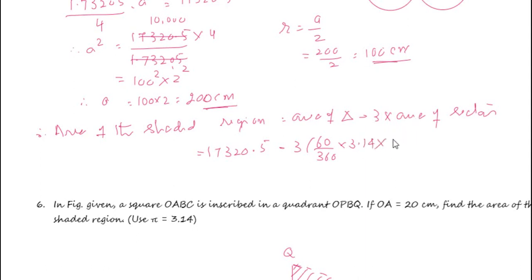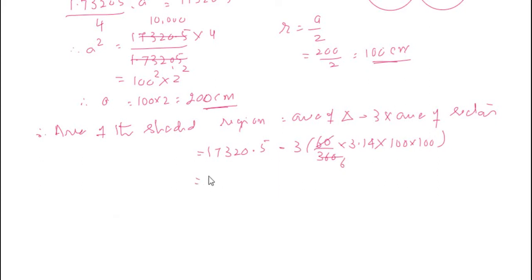R square is 100 into 100. This is equal to 17320.5 minus 3 into, if you simplify this entire thing, you will get 5233.3.